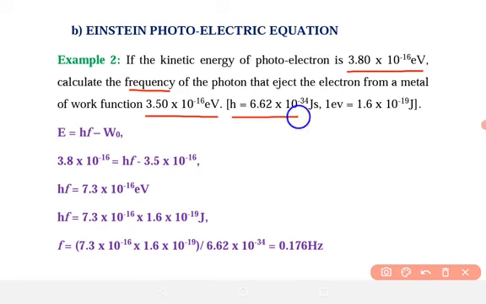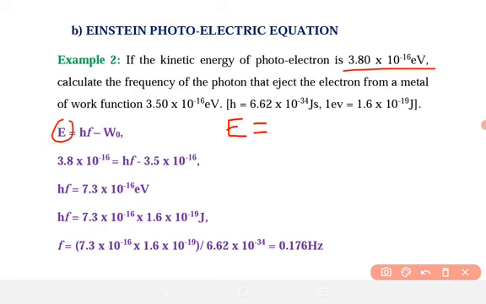Planck constant is given, and 1 electron volt is given in joule. Very simple. From this question, we have the kinetic energy of the electron given as 3.80 times 10 to the power minus 16, and we have our work function.